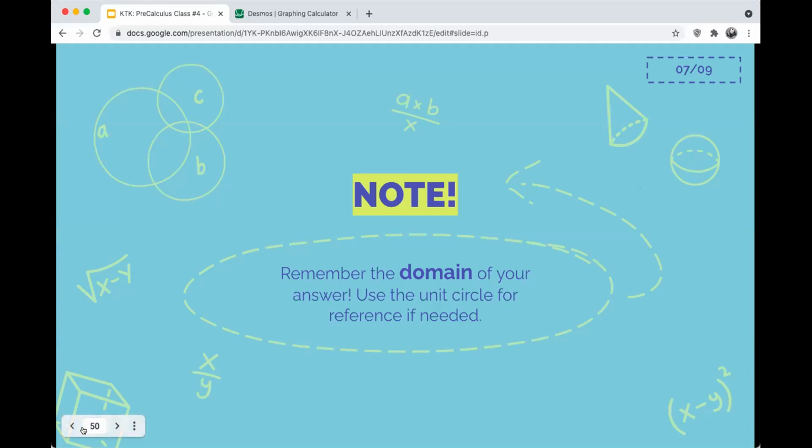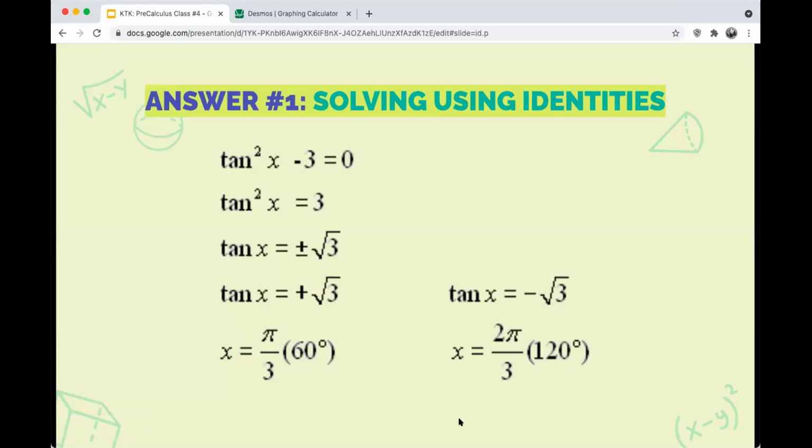Sometimes the domain will say something like only values from 0 to pi by 2, and pi by 2 is 90 degrees, so 0 degrees to 90 degrees, 0 is less than x is less than pi by 2. And so the only correct answer here would be pi by 3, and 2 pi by 3 would be extraneous. So remember to keep that in mind.